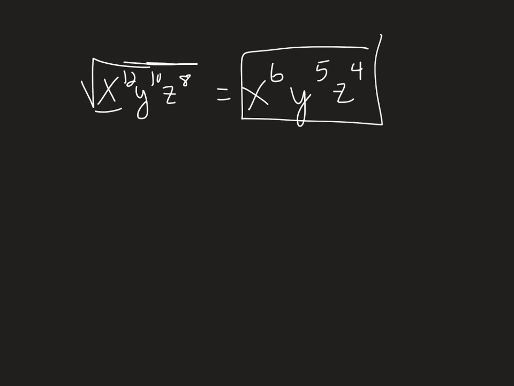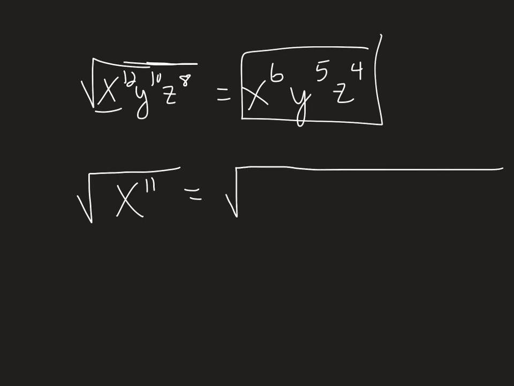Now you may have noticed that all the examples I've done so far have had even exponents. That's because they're easier. So let's go through an example where we have an odd exponent. Let's say x to the 11. All right, do you know how many groups of x's you're going to be able to circle with 11 x's?